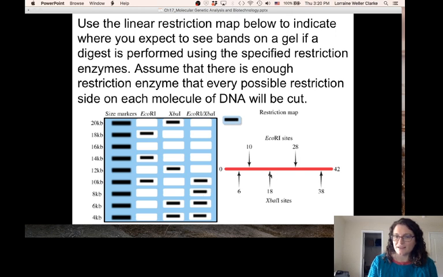Now note, 18 to 28, again, cut here and cut here. 18 to 28 is 10. 28 to 38 is 10. 38 to 42 is 4. So there's 2 4s, one from the 6 to 10, one from the 38 to 42. Those are both in the 4 slot.